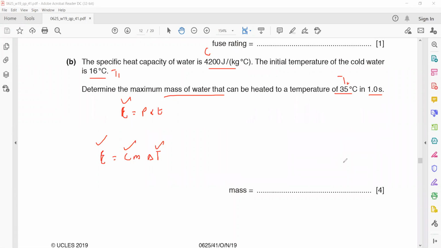Then E = cm delta T, or c = E divided by m delta T. Substitute the specific heat, the change in temperature and the energy. You can find the mass is 0.113 kilogram, which will be the final answer.